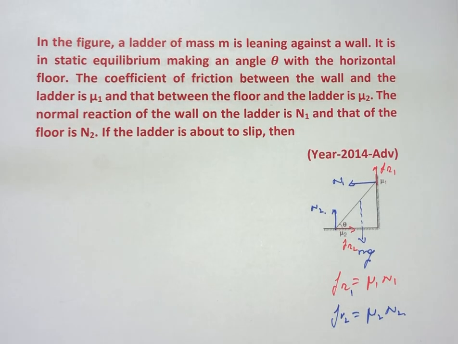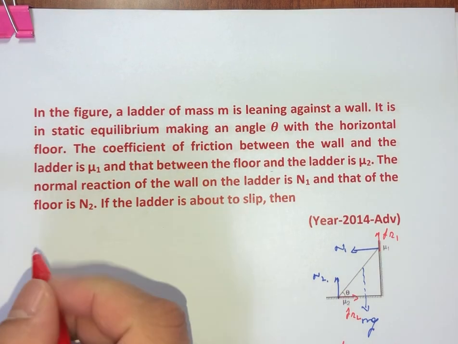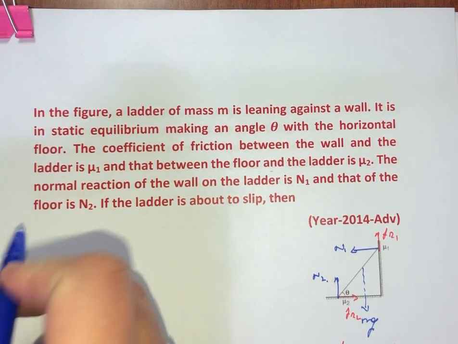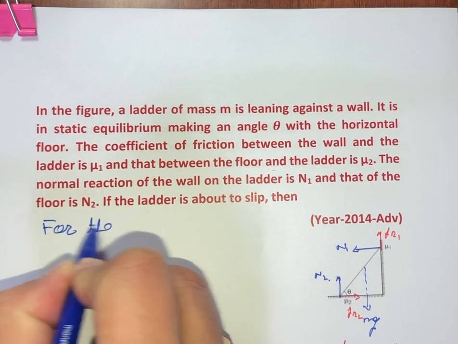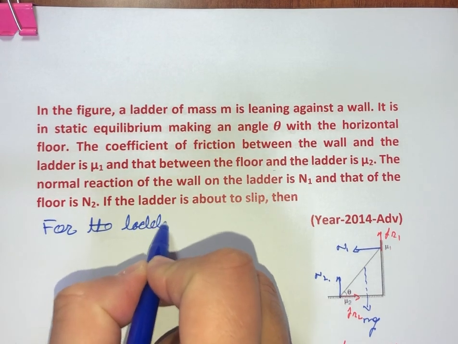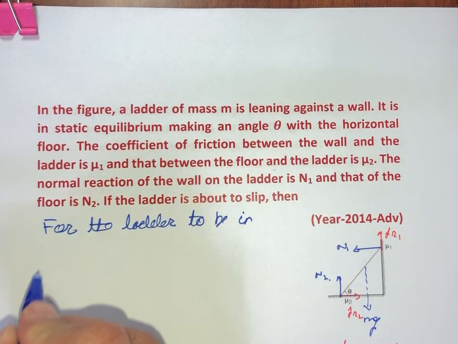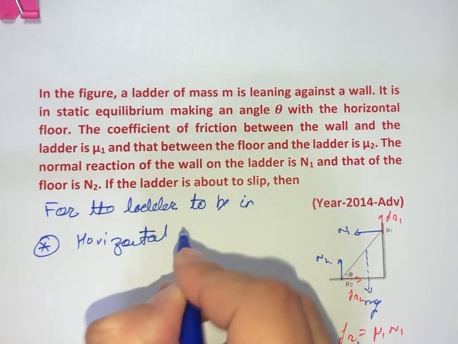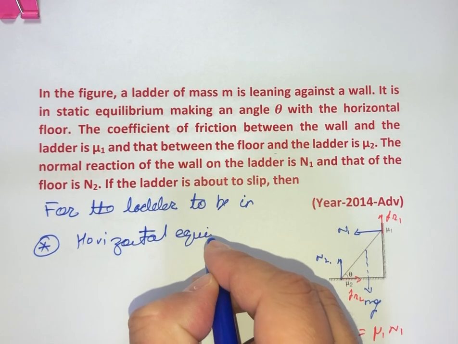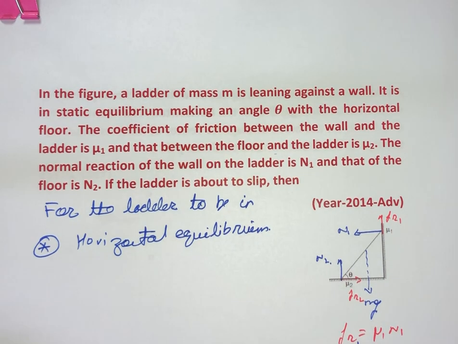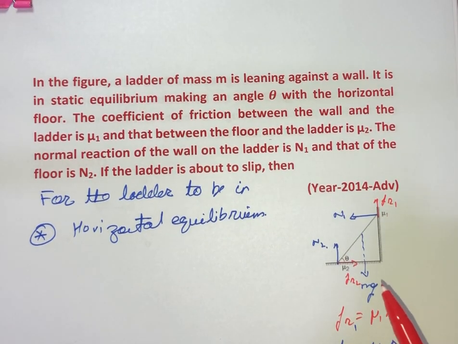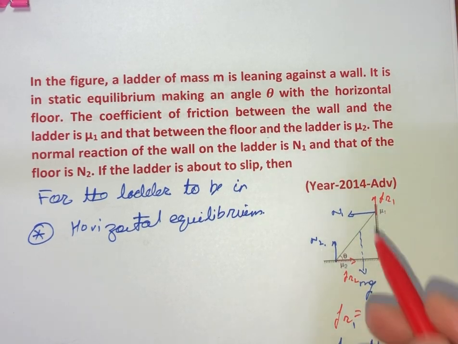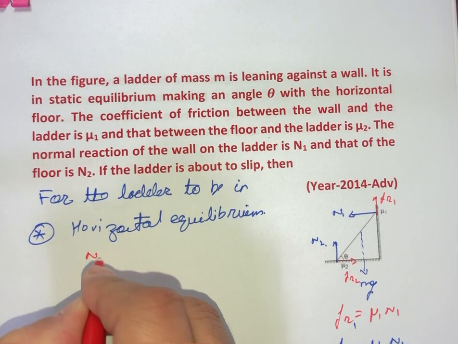So it is said that it is in static equilibrium. So for the ladder to be in horizontal equilibrium, we can write the equation as n1 is equal to Fr2.